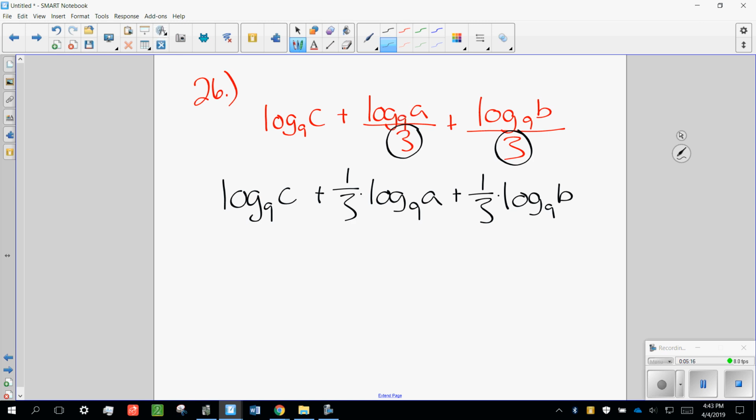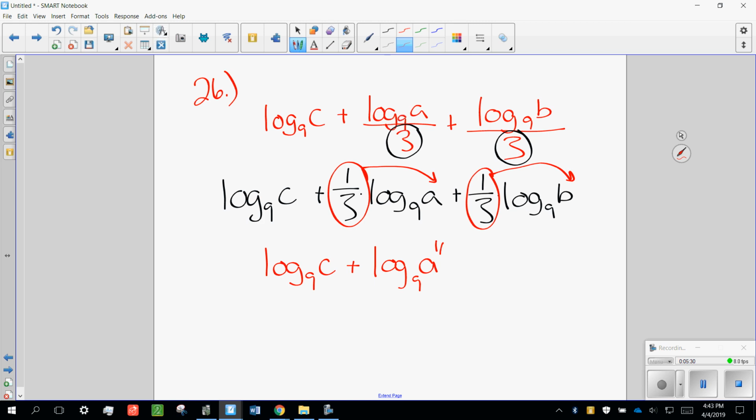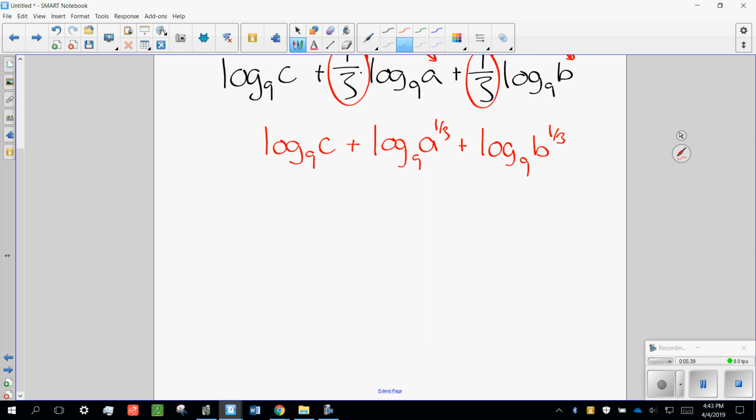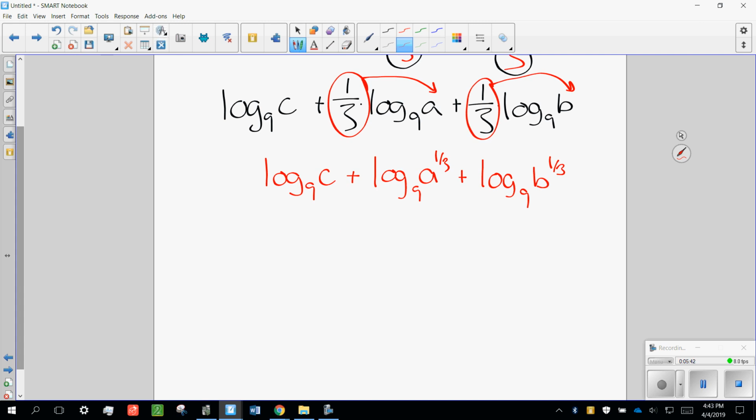And since I'm multiplying by a constant, I can bring that constant inside both of those logs, and so I have log base 9 of c plus log base 9 of a to the third plus log base 9 of b to the third. Now all of that adding can be brought together into a single log of base 9, and in that log I'll have c times a to the third times b to the third.